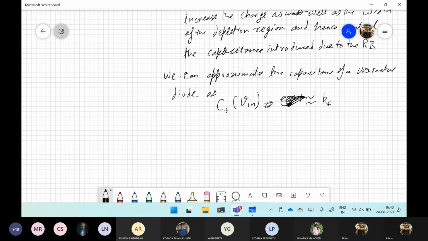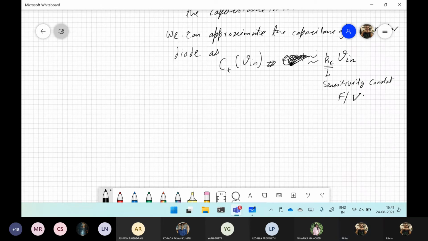This has a sensitivity constant K, in farads per volt. Fine.